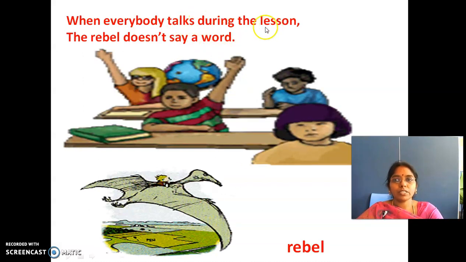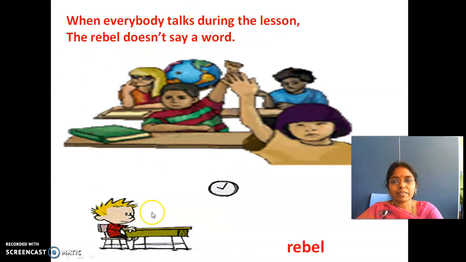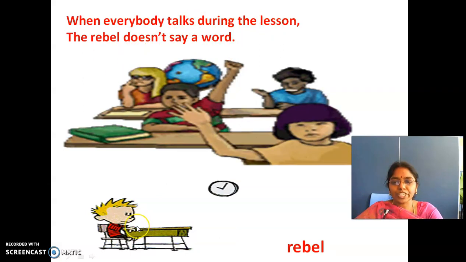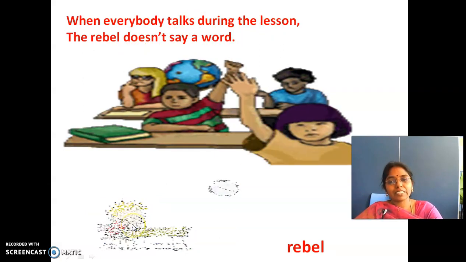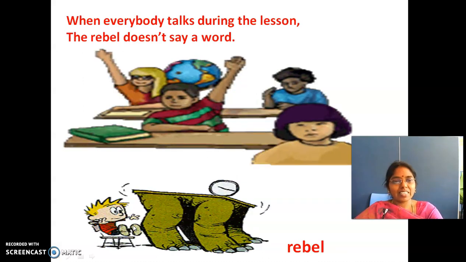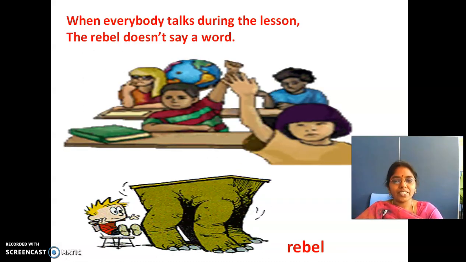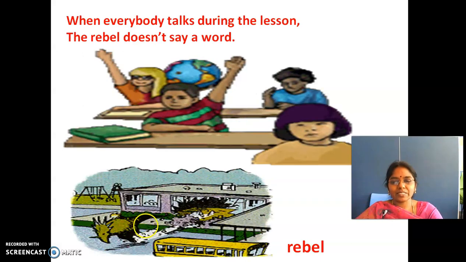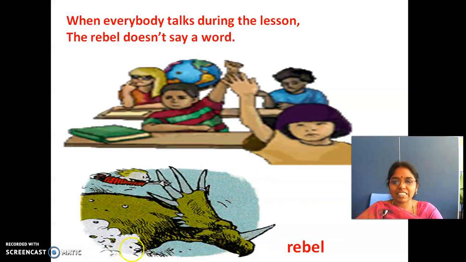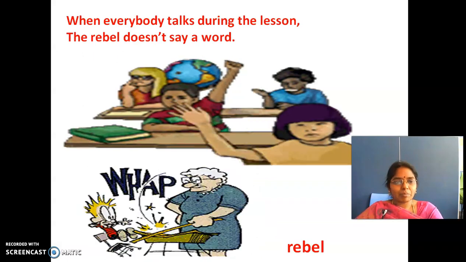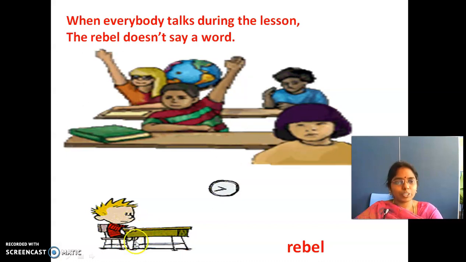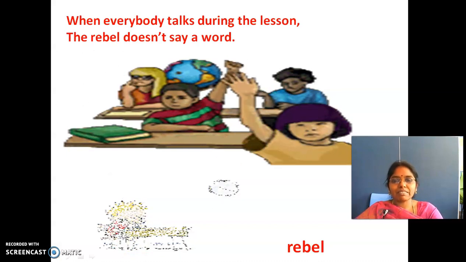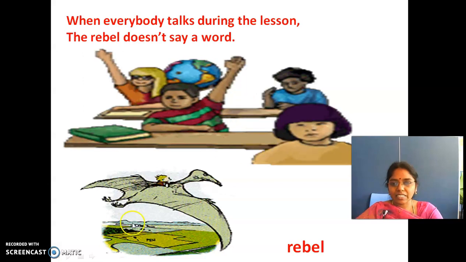Everybody talks during the lesson, but the rebel here is in his own world. What is he doing? He's simply imagining something. He is in his own world, like he's sitting on a dinosaur fighting. The dinosaur is fighting. Something is being imagined. Okay, the teacher is coming and slapping him. All these imaginations are going on, right? The rebel doesn't even say a single word.